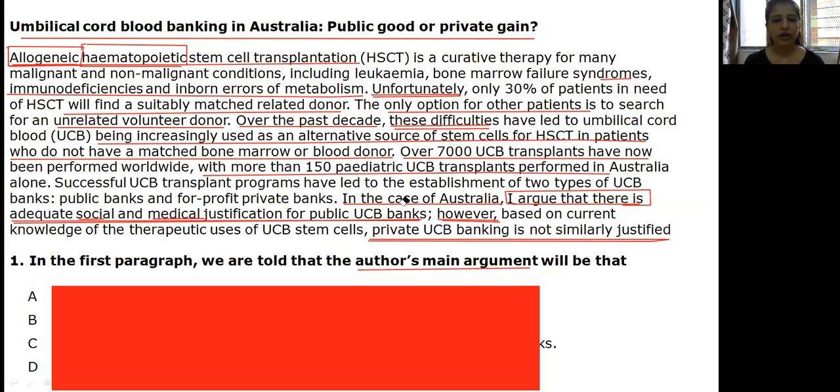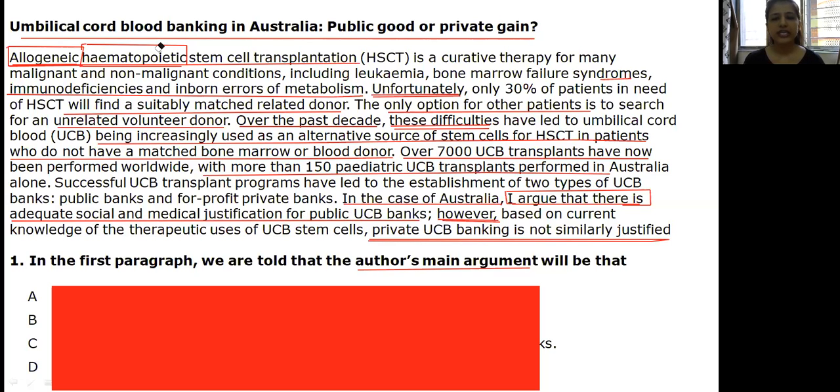So you have two arguments here. One is related to public UCB banking. Is the writer in favor of public UCB banks or not? If in favor, type F. If it is against, type A. If you think the writer is neutral, type N.